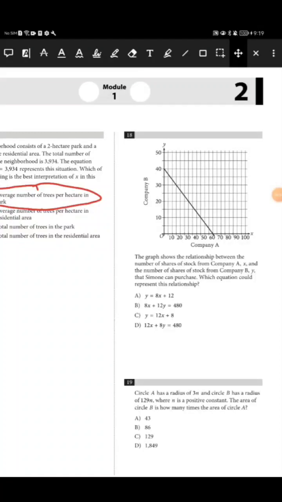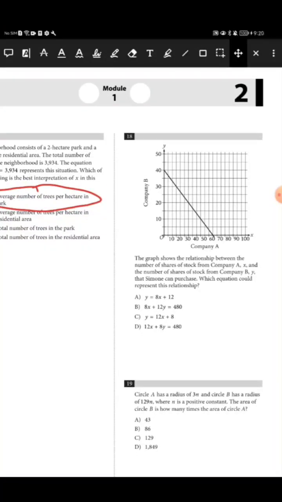Number 18. The graph shows the relationship between the number of shares of stock from company A, which is the x values of the graph, and the number of shares of stock from company B, which is the y values of the graph, that Simon can purchase. Which equation could represent this relationship? So we need to get a linear equation that represents company B in relationship to company A. So we need to find the slope.